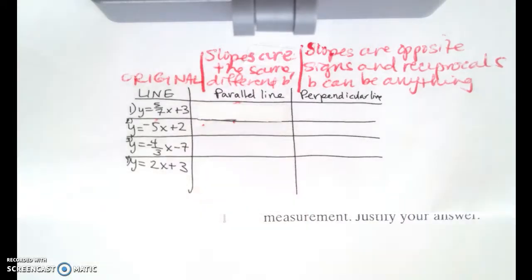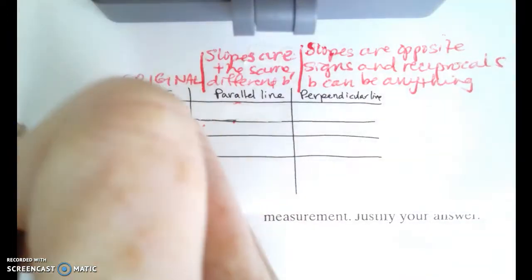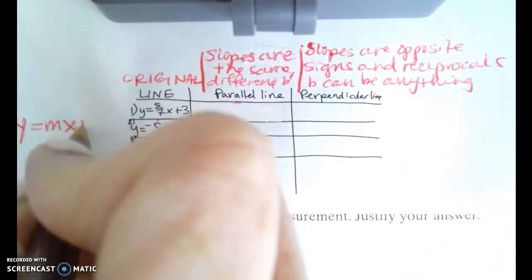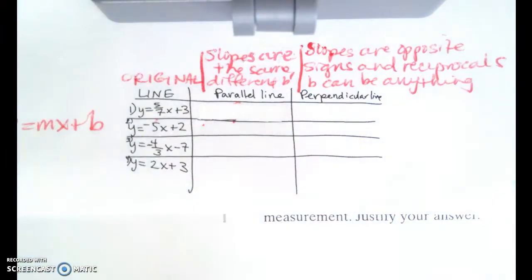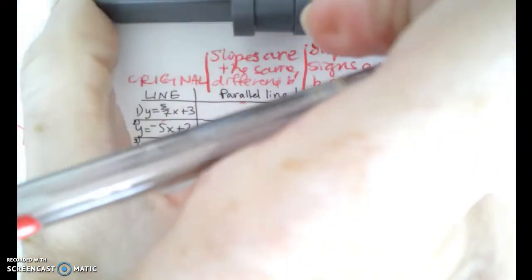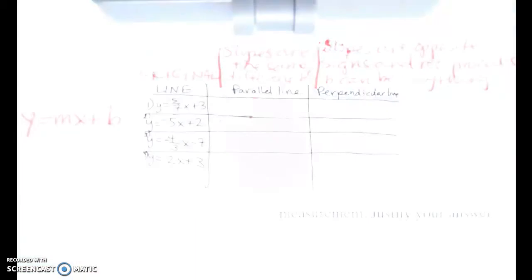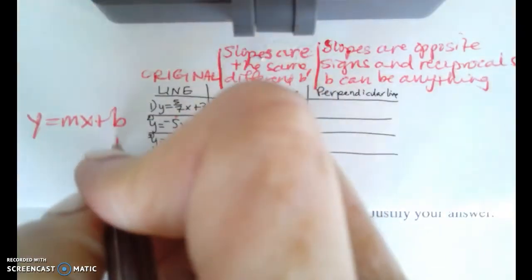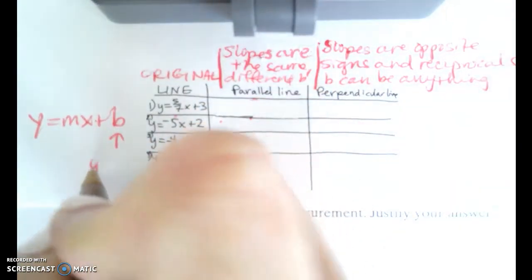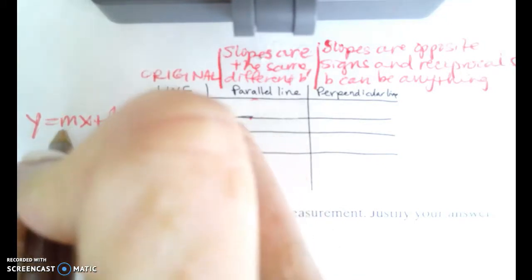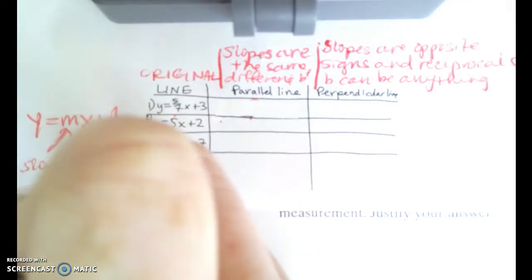Remembering that we're writing these equations using y equals mx plus b, the slope-intercept format, and understanding that b would be the y-intercept. M is the slope.